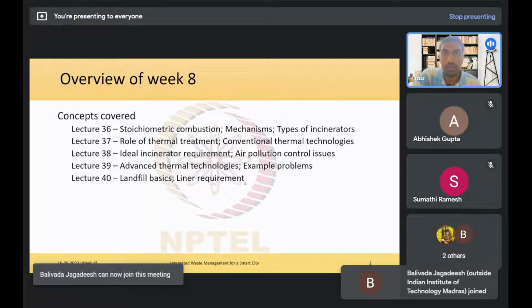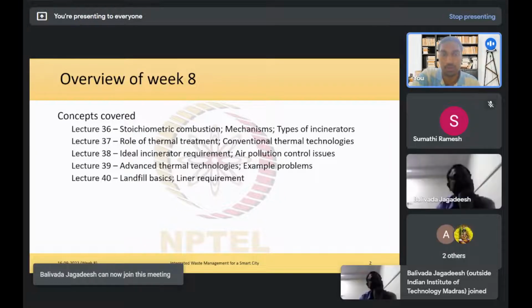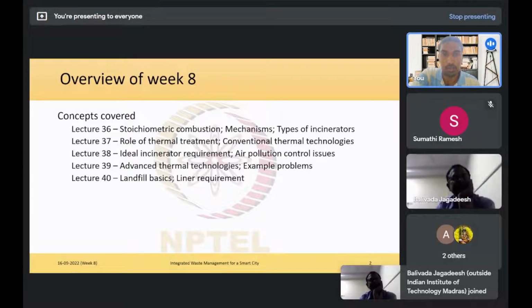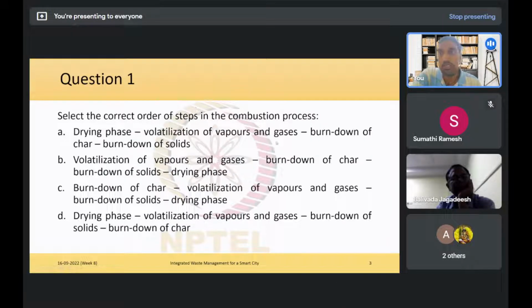So we'll continue and look at some of the questions related to these concepts in this week's session. The first question is: select the correct order of steps in the combustion process. As I said, we looked at the mechanism of the combustion process in the first lecture of week 8.